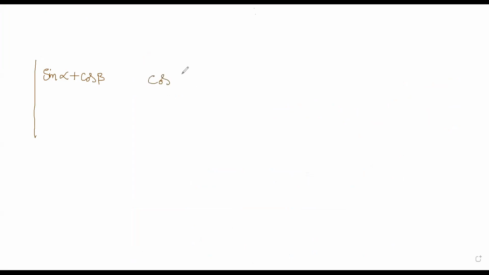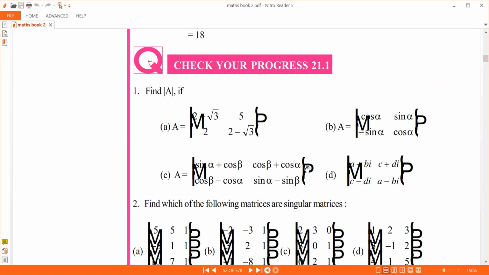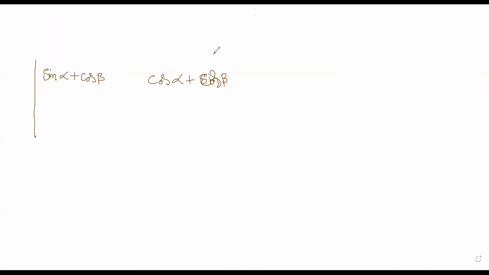Cos alpha plus sine beta. Sine, cos beta, cos alpha plus cos beta, I think. Just a minute, we'll check. No problem. Cos beta plus cos alpha.